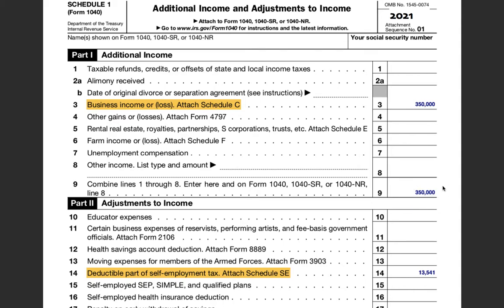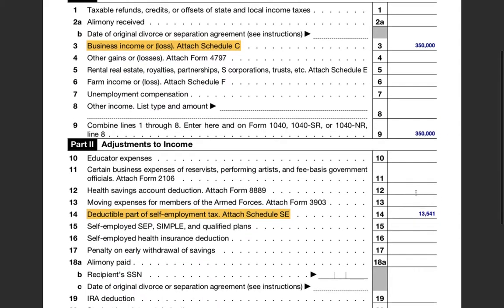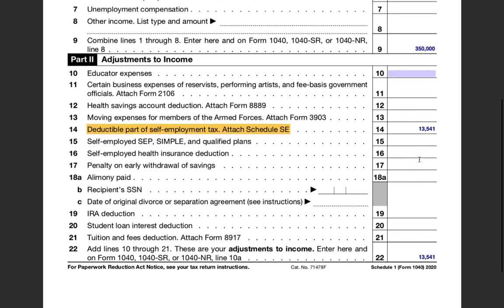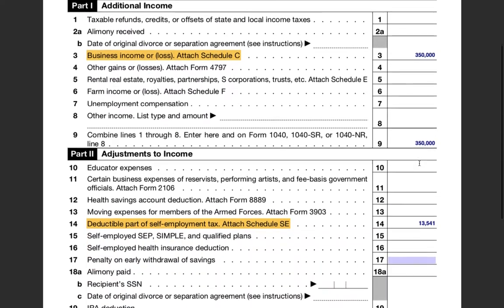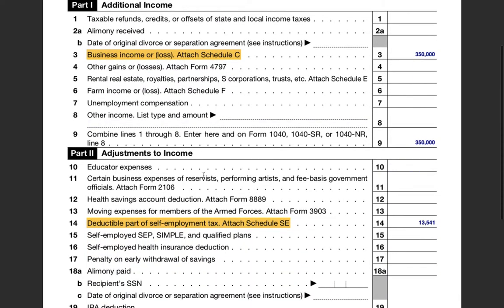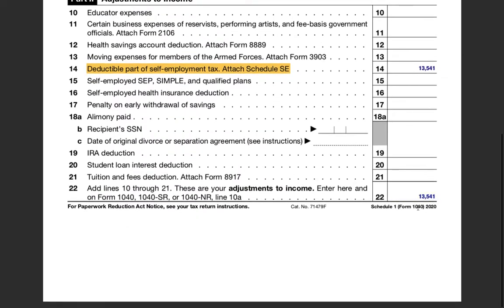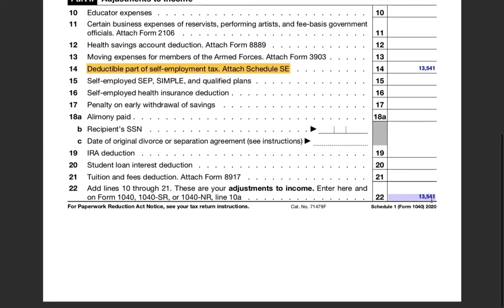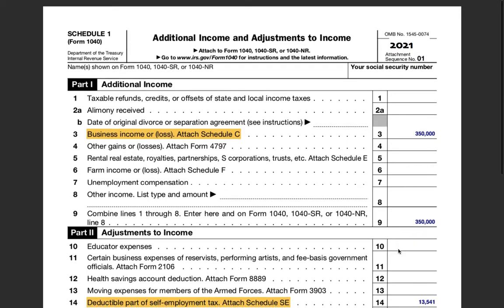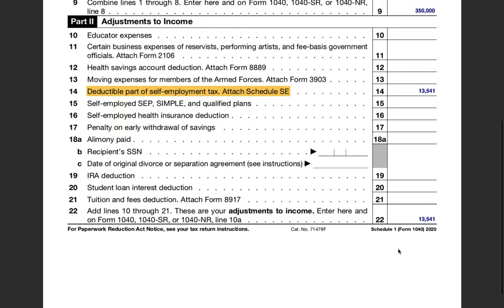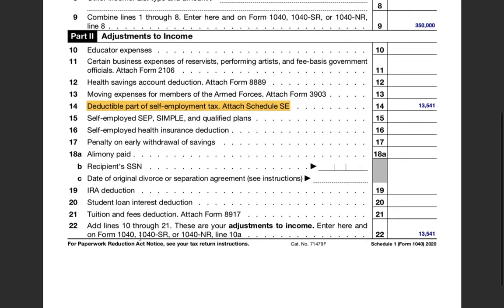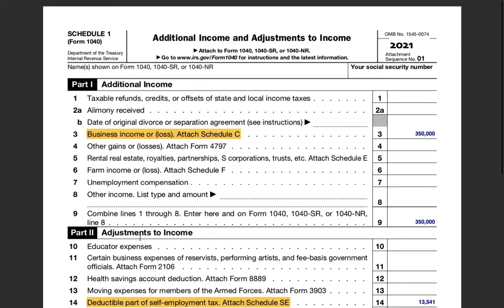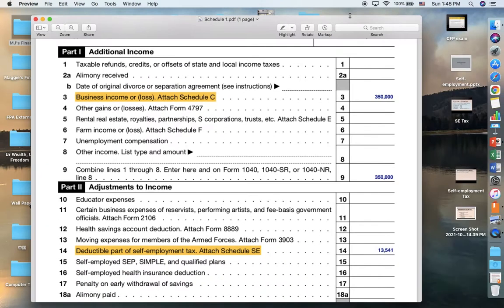This is $350,000, all the income you have from Schedule 1. Then this is the adjustment to income: 13,541. Once you have this number, we're going to put it on the 1040. You can see the 1040, right? Let's go back to the, okay, this is not right.